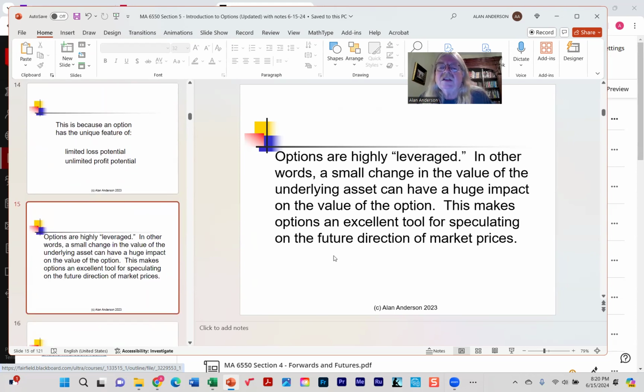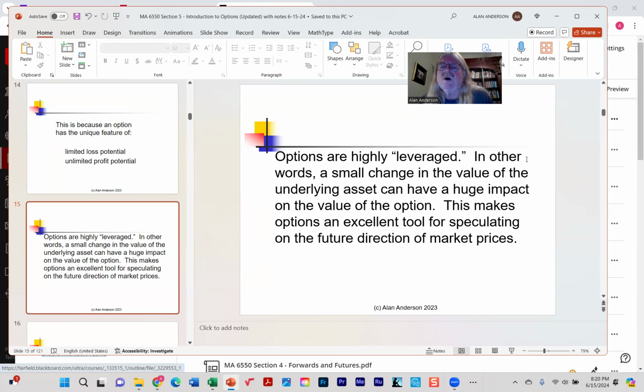Now, here's the interesting thing. Options are what we call leveraged, which means, let's say I own an option on gold. It doesn't take a huge change in the price of gold to give me a very high rate of return on my option. But it also means that a small change in the price of gold could also wipe out my position. In other words, it doesn't take a whole lot of activity in the gold market to have a dramatic impact on my options positions.